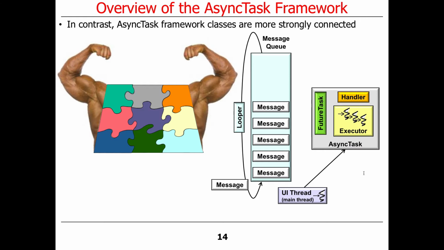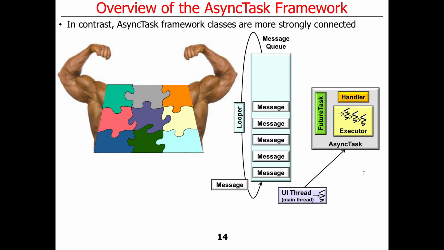In contrast, AsyncTask provides a bunch of classes that are more strongly connected. And as you'll see here, what that really means is that there's an abstraction called the AsyncTask that encapsulates all these other lower level details that are otherwise exposed to you with the Hammer framework. So the Hammer framework gives you a bunch of pieces.